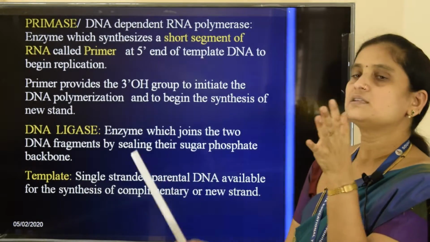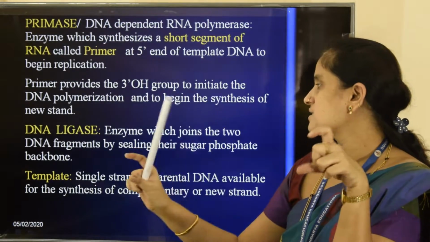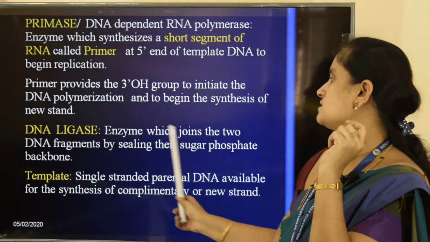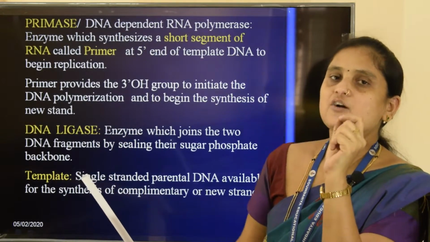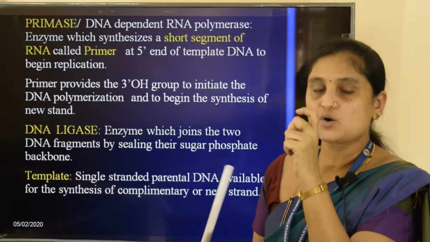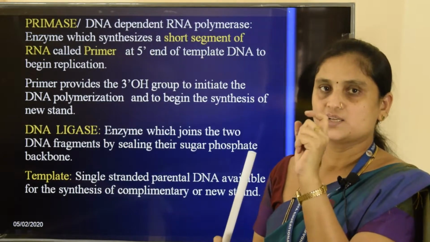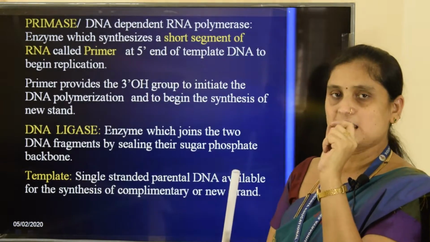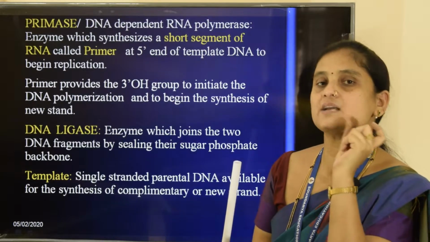Thus the small fragments are joined together to form a continuous stretch of DNA, and such enzymes are called DNA ligases. The meaning of ligase is to ligate or seal the ends of the two DNA fragments.